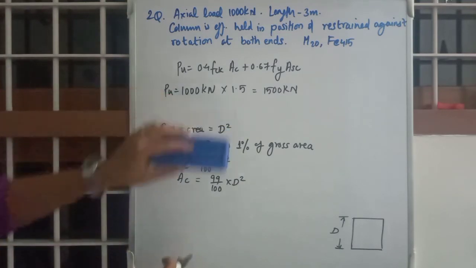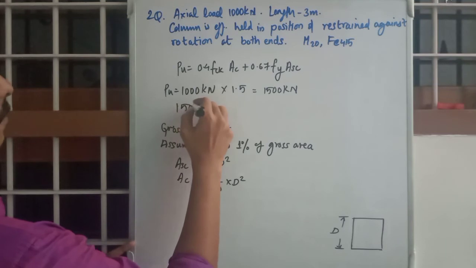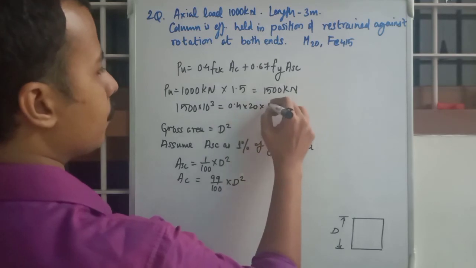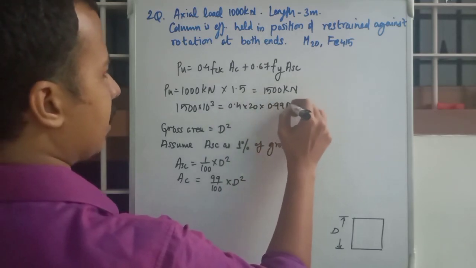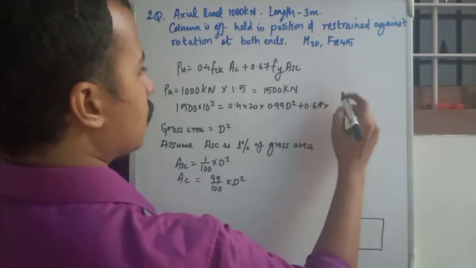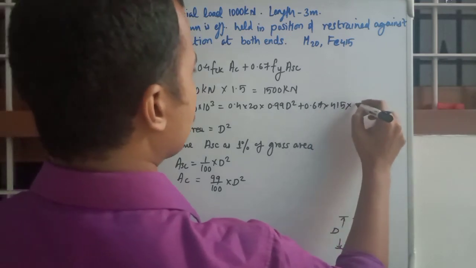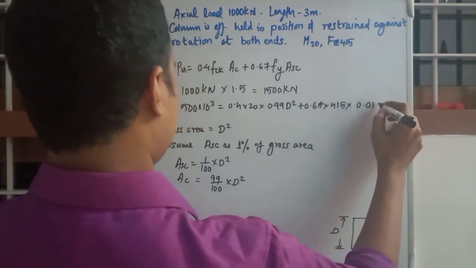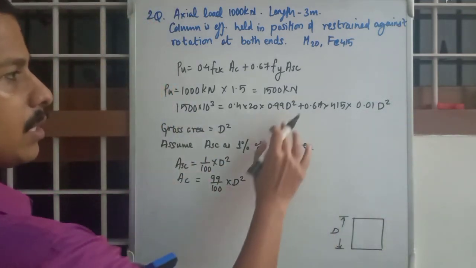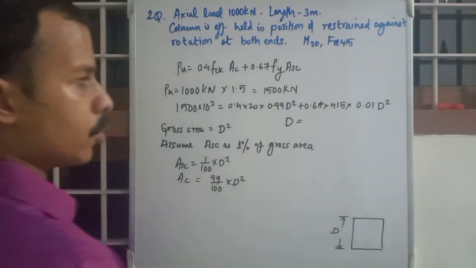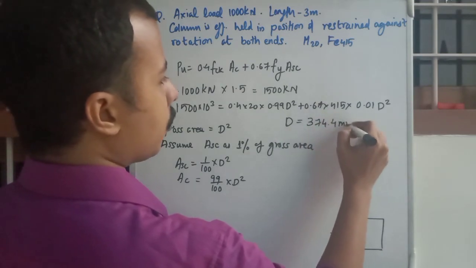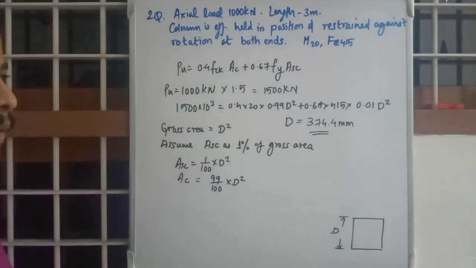So 1500 into 10 raised to 3 is equal to 0.4 into 20 into 0.99 D square plus 0.67 into 415 into 0.01 D square. From this you solve the equation and find D is equal to 374.4 mm.